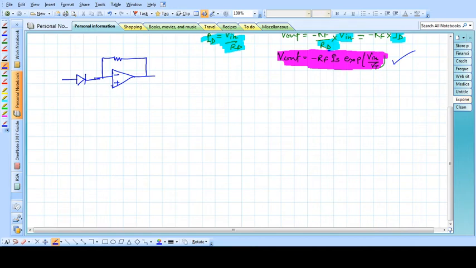Okay, this should be minus plus. Okay, and here only this diode will be different one, means reverse one.